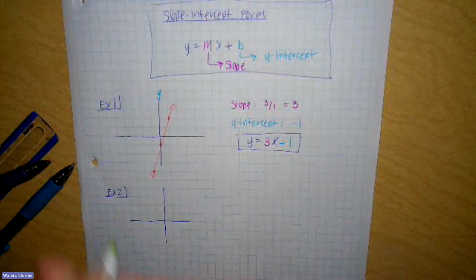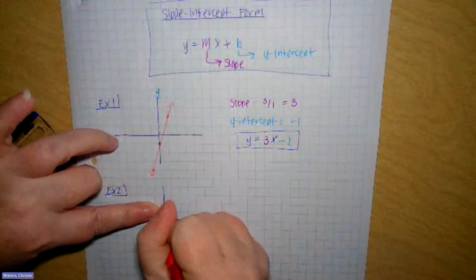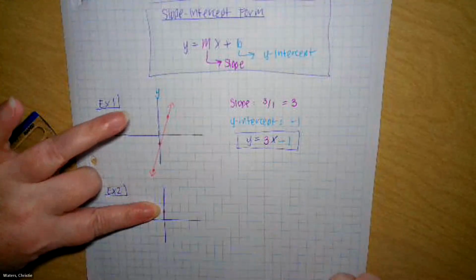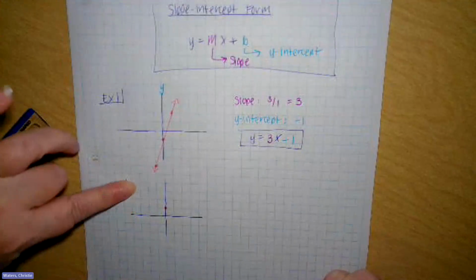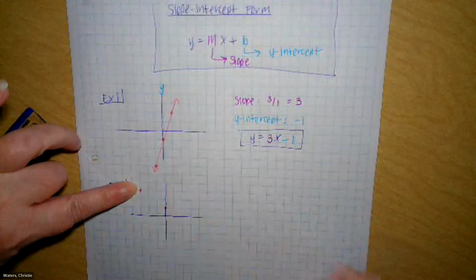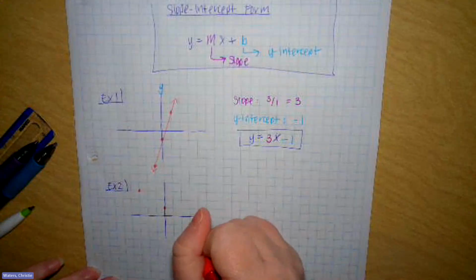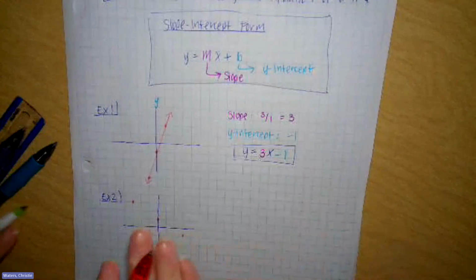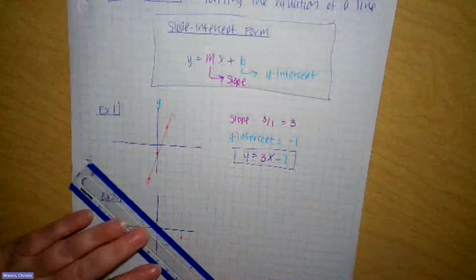Our first coordinate is going to be at up 1 on the y-axis. Then we have another one that is left 3, up 3. And we have a third coordinate that is right 3, down 1. Go ahead and connect those dots to graph my line.